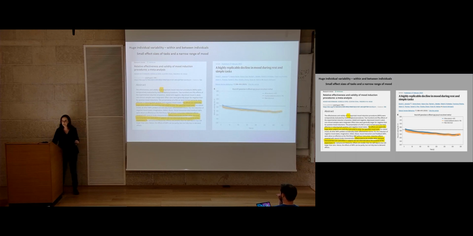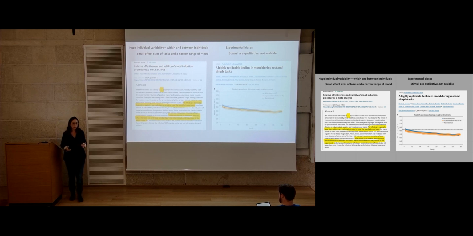The effect sizes of these tasks are relatively very small compared to other behavioral tasks. The range of mood that we can induce is usually very narrow. There are experimental biases, but the most important thing, as I see it, is that the stimuli themselves are not scalable.